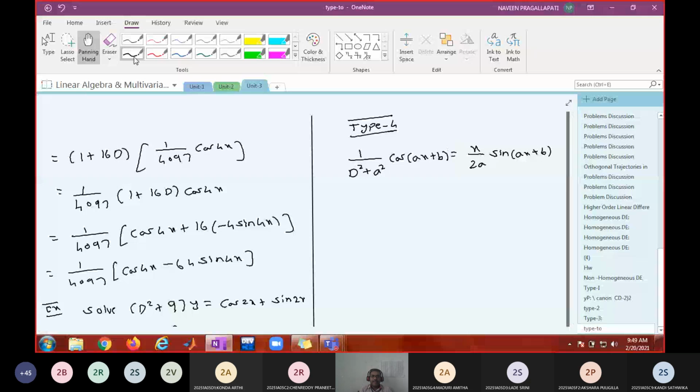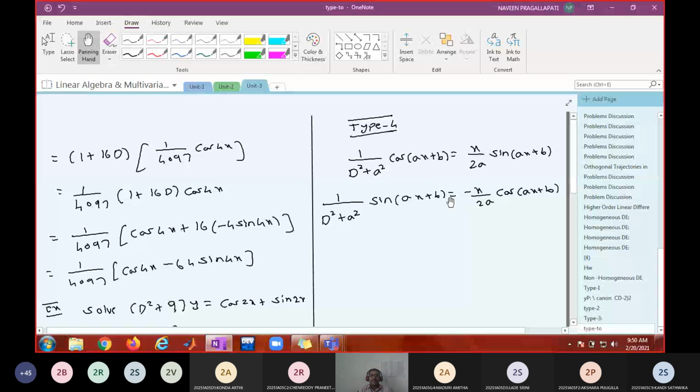And 1 by d square plus a square sin of ax plus b equals minus x by 2a cos of ax plus b.